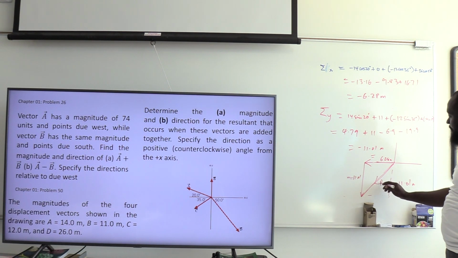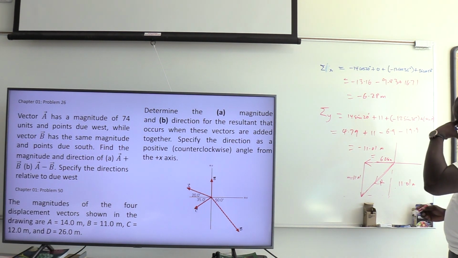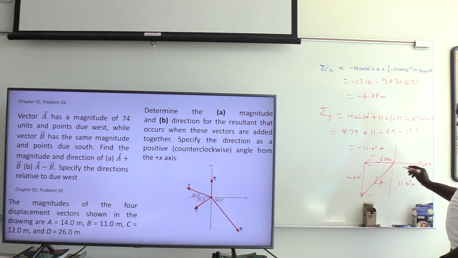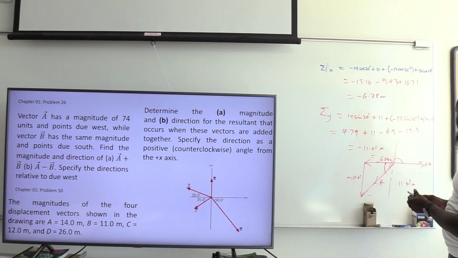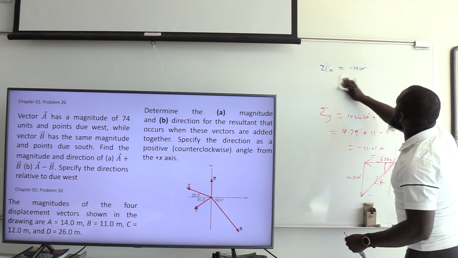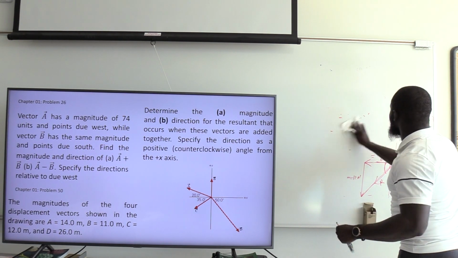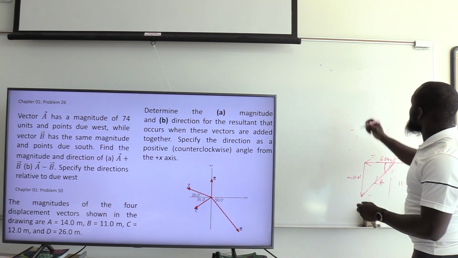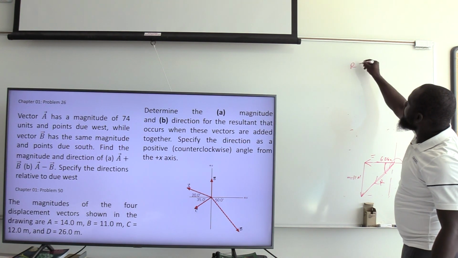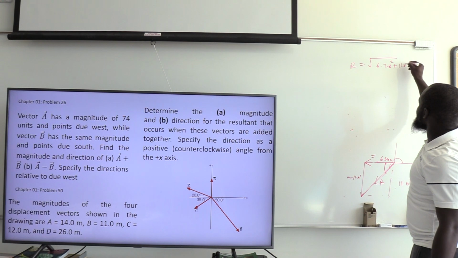Now, how do I get this resultant and direction? They want the direction from the positive x-axis. So I need to find this angle first and add it to 180 degrees. But let's get the resultant first. Our resultant R would be the square root of 6.28 squared plus 11.01 squared.